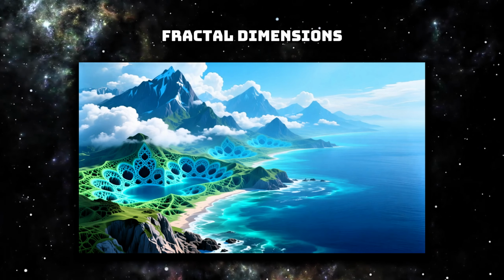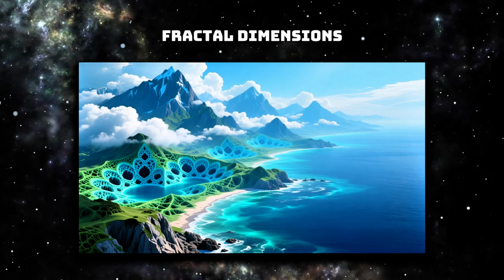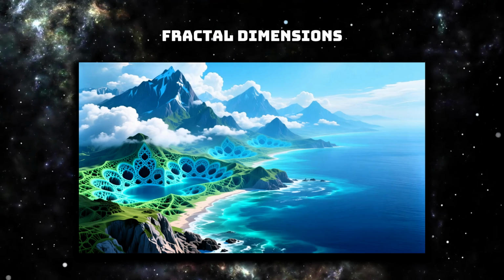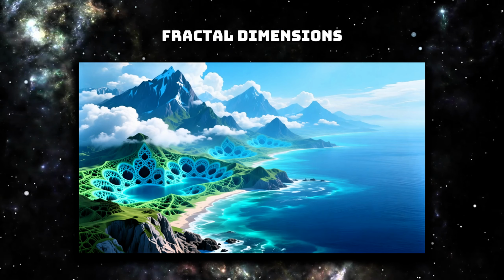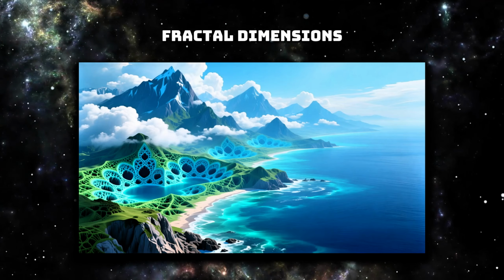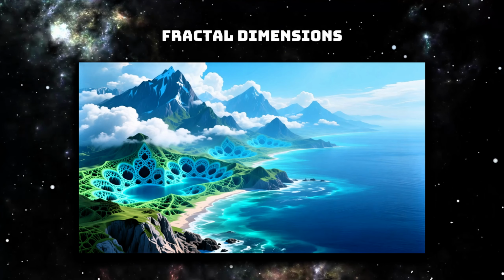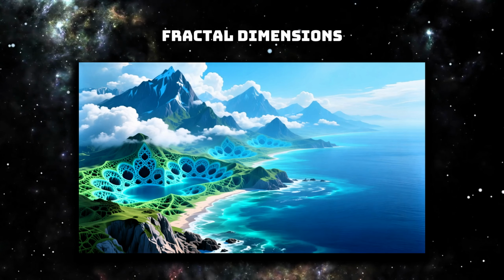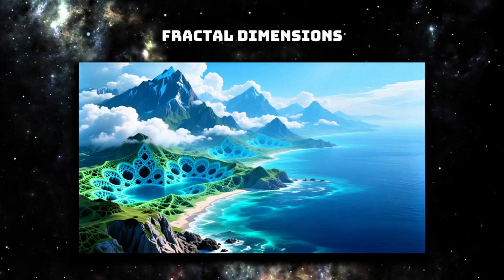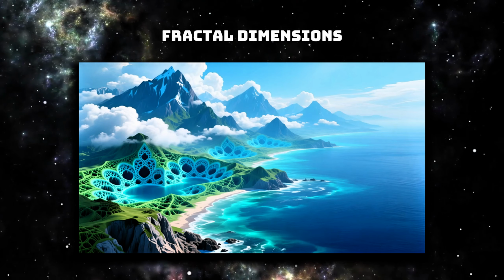This means it is not truly 1D because it has too much detail, but not truly 2D either because it doesn't fill a surface. Instead, it lies somewhere between 1 and 2, possessing a fractal dimension like 1.33 or 1.5, depending on the coastline.